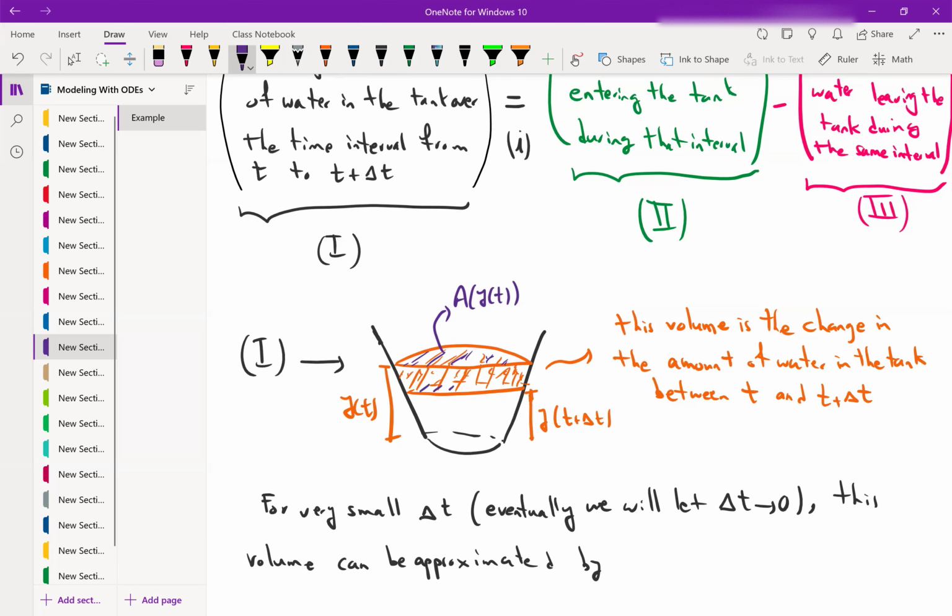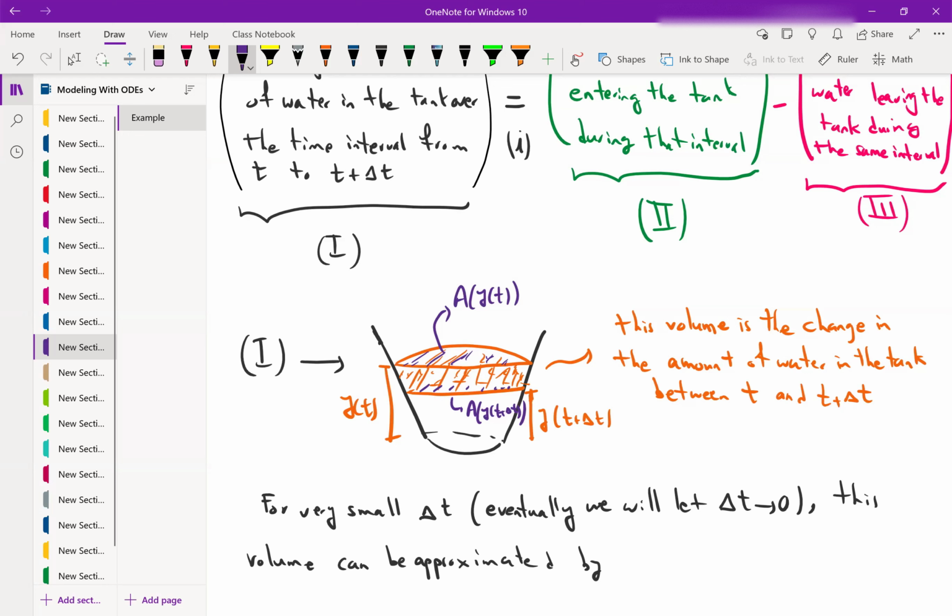The cross-sectional area on the bottom is A of y of t plus delta t, where the height is y of t plus delta t. However, since delta t is very, very small, I can approximate this continuous cross-sectional area function with its value on top, A of y of t.